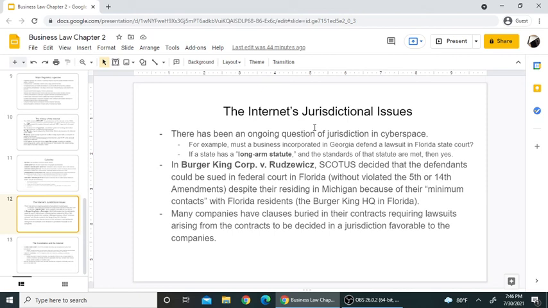And the answer is usually yes, because most states have what are called long-arm statutes that require businesses to defend these kinds of lawsuits.